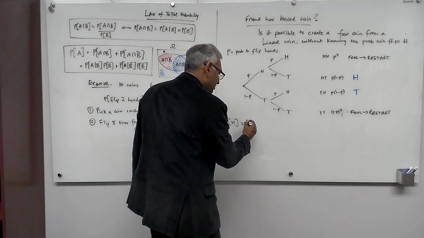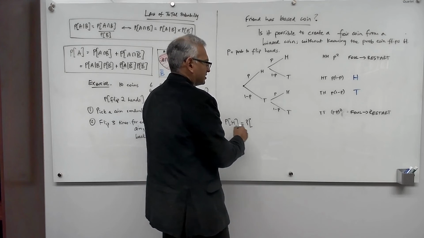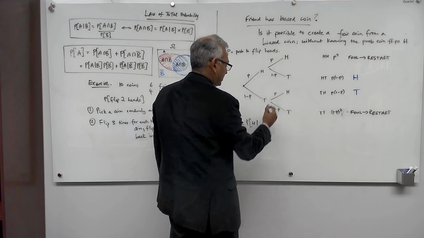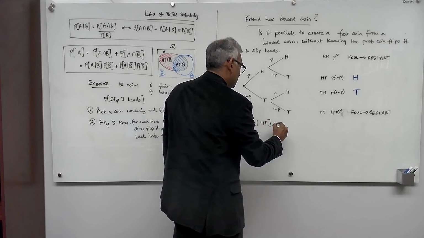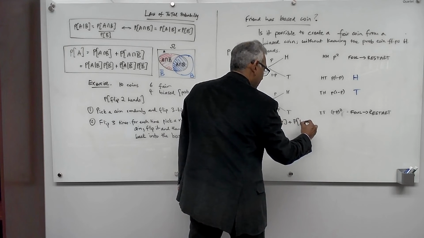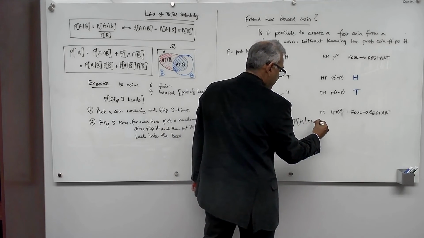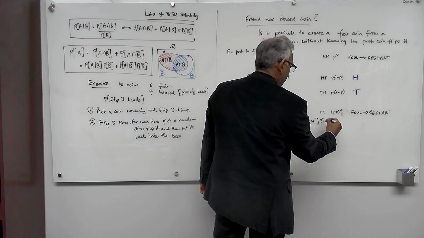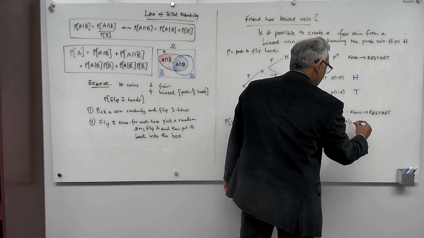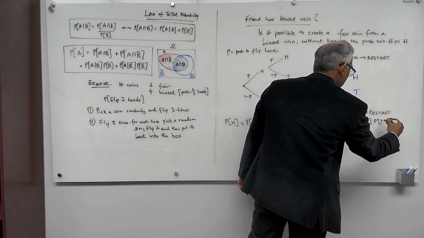So the probability of heads is equal to the probability of heads given heads-tails, times the probability of heads-tails, plus the probability of heads given tails-heads, times the probability of tails-heads, plus the probability of heads given restart, times the probability of restart.